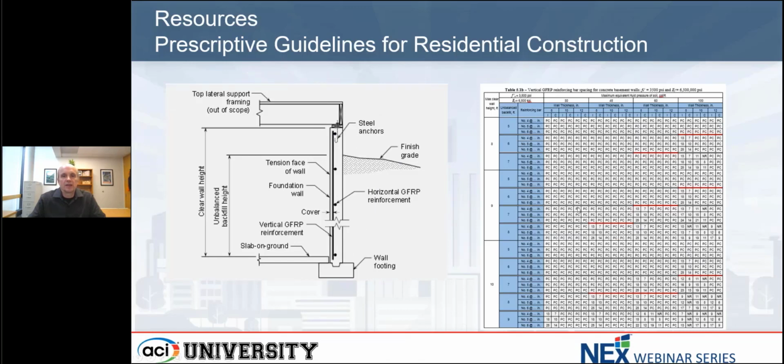There are tables in this manual to show you the size and spacing of bars that you need depending on the height of the wall and the height of the backfill. These are similar to what's in ACI 332, which is the code for steel reinforced concrete in residential construction, but again, specific to GFRP in this case.